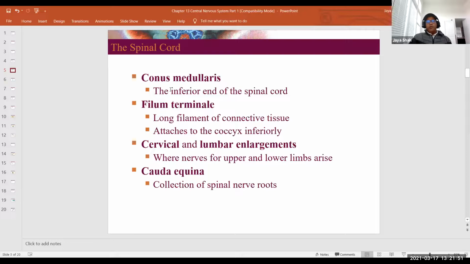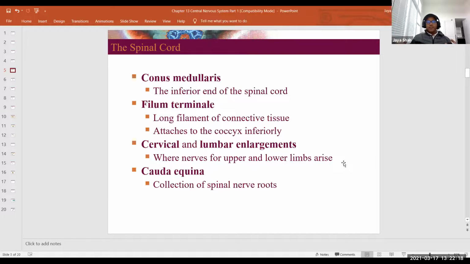So conus medullaris is the inferior end of the spinal cord, which is cone shaped. Filum terminale is a long filament of connective tissue that attaches to the coccyx inferiorly. Cervical and lumbar enlargements are where nerves for the upper and lower limbs arise.